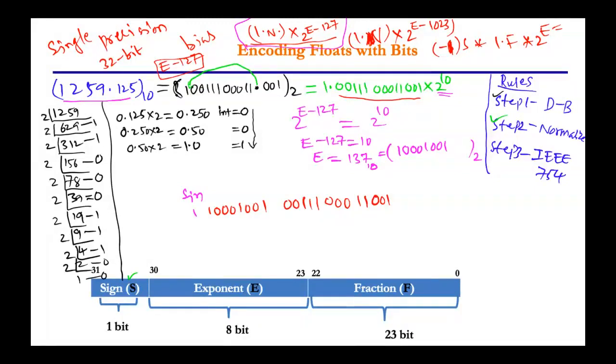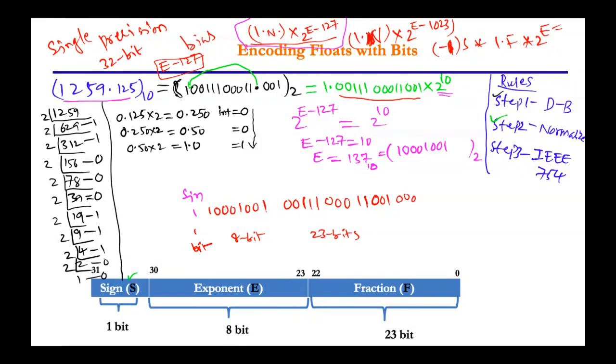So the sign bit is 1 bit, the exponent is 8 bits, and this one is 23 bits, right? So how many bits are there here? 1, 2, 3, up to 13. So the remaining 10 bits you can fill with leading zeros.